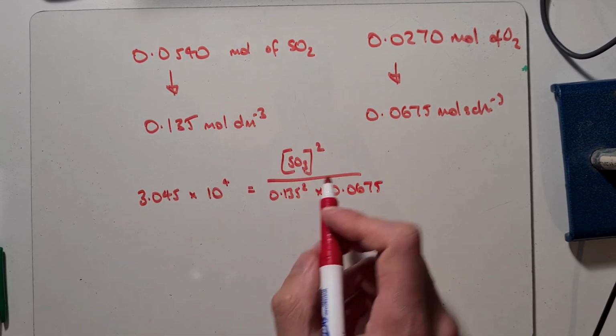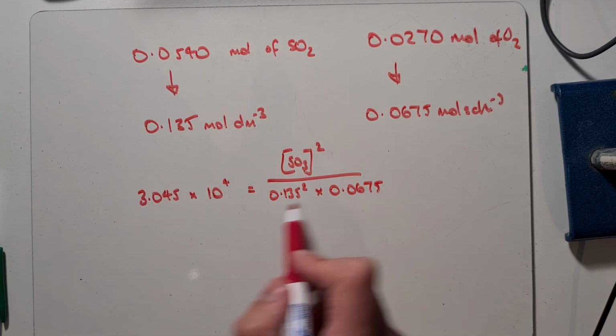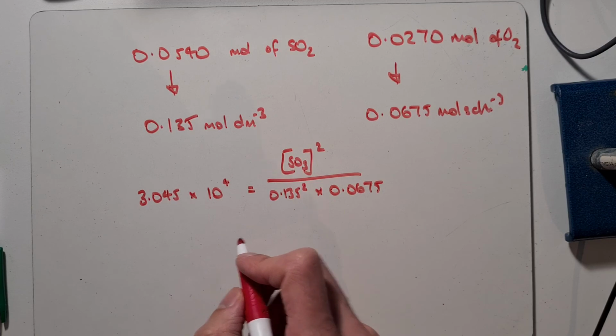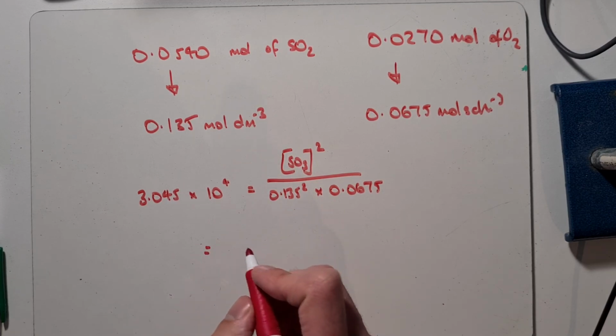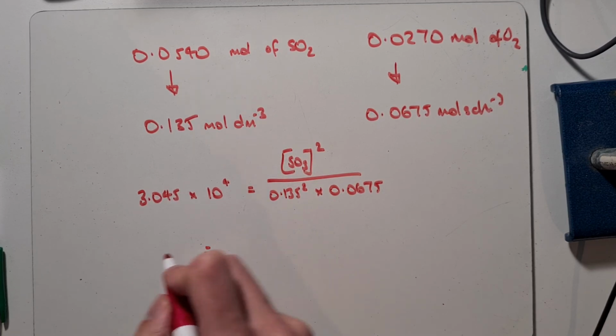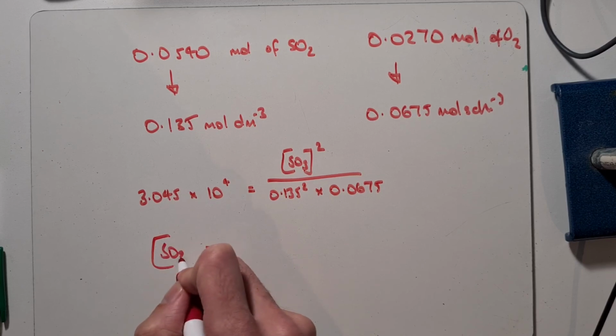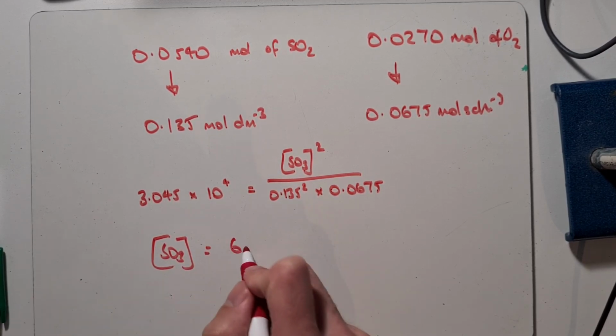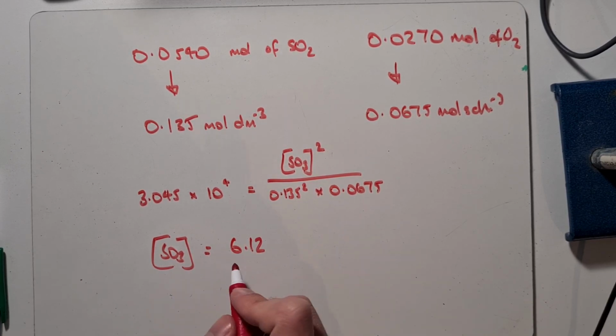So rearrange all this, times this side by this, and then take the square root, and you get the concentration of SO3 equal to 6.12.